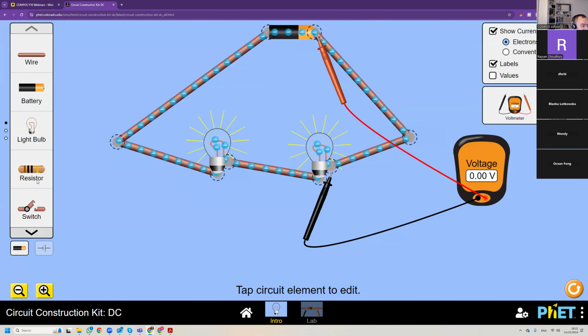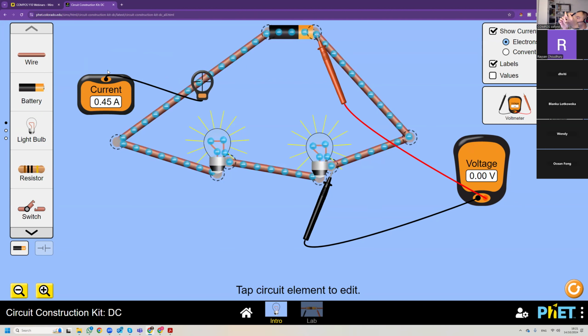If we put an ammeter here, this is called a non-contact ammeter. These exist. You put them around the wire like this, and they measure the magnetic field produced by the current, and thus they can tell you how much current there is.